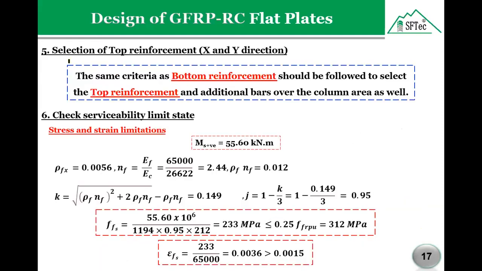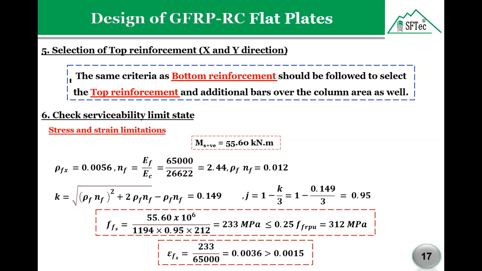In step number 5, I would like to talk about the selection criteria for the top reinforcement in the X and Y direction. As known, the top reinforcements will be selected in order to cover the negative moment in our slab.